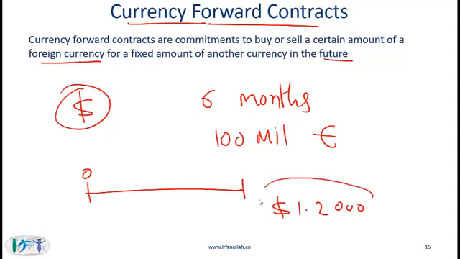So you lock in this rate that on a per euro basis you will pay $1.2000 for a notional principal of 100 million. Now, no matter what the euro dollar rate might be at this point, you will get your 100 million euros at this particular rate.